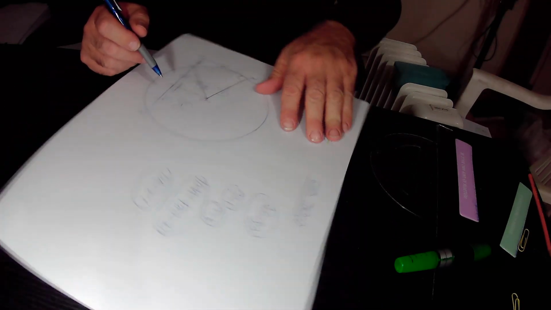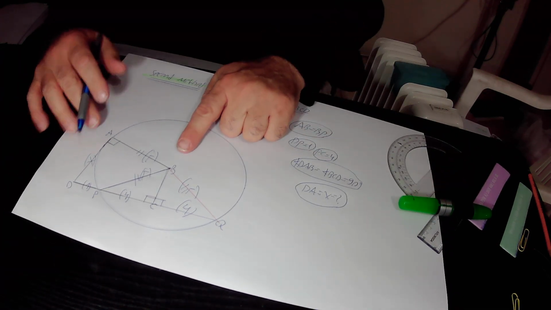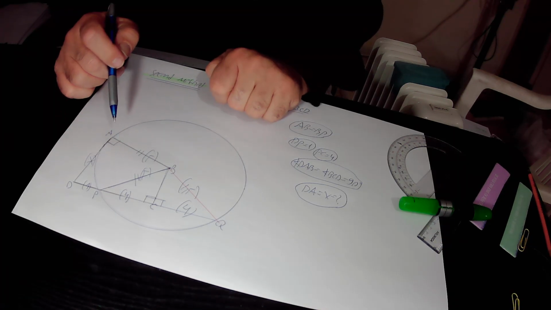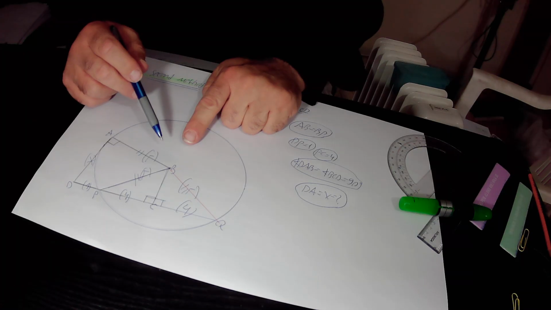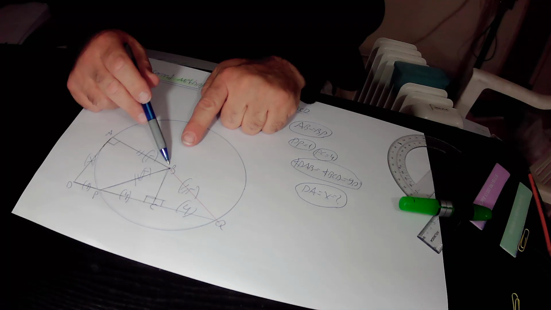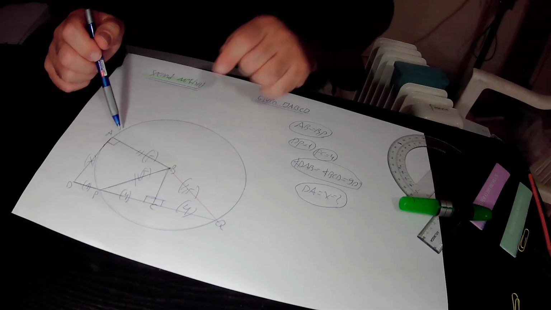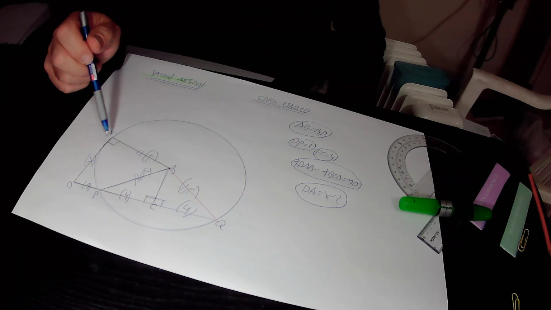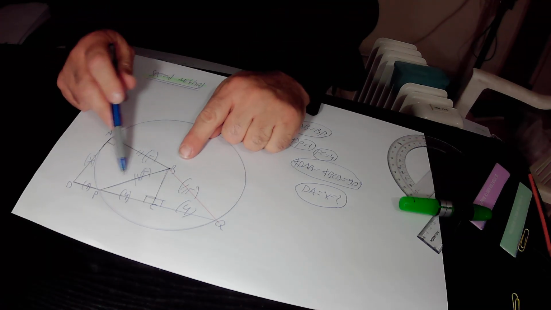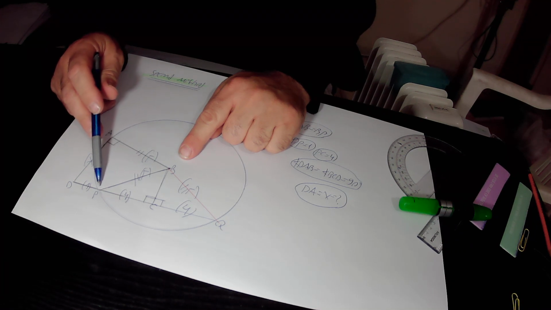The definition of a radius is a line segment that starts from the center of the circle and ends on the circle itself. So the radius BA starts at the center of the circle, point B, and ends at point A, a point on the circle itself. That is to say, the circle must pass through point A. Likewise, the radius BP starts from point B, the center of the circle, and ends at point P.